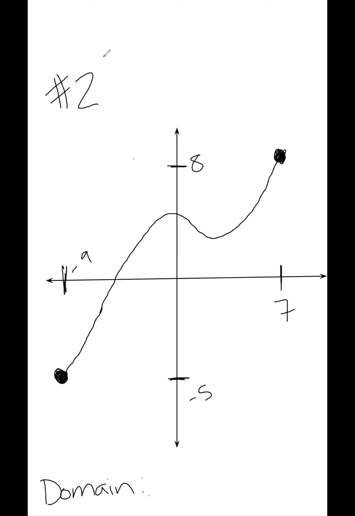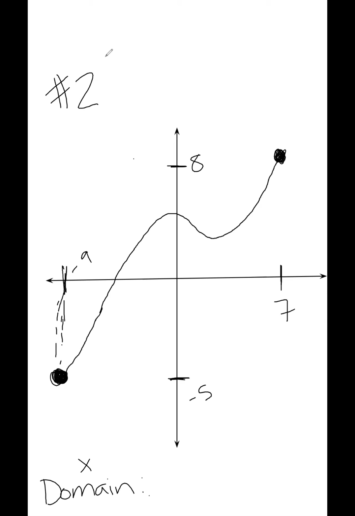Remember that domain is our x. So I'm going to look at this axis and we're going to crop just like I was talking about. When we start at this dot right here, crop it up to the x-axis.